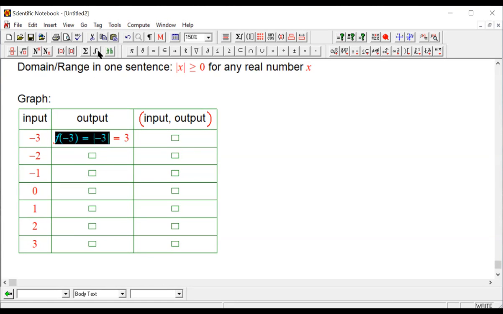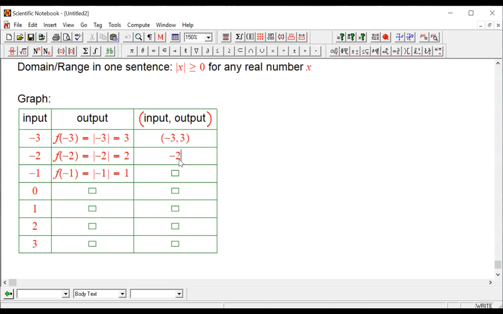The absolute value of -2 is 2. The absolute value of -1 is 1. So we got 3 points here. Input -3, output 3.